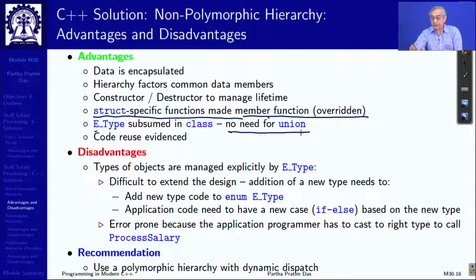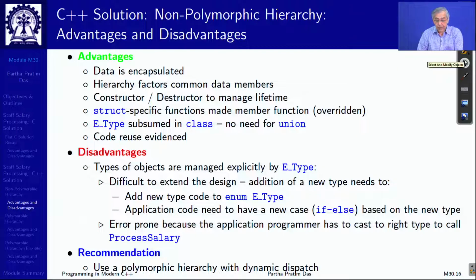So, the amount of code reuse has substantially increased, it is directly evidenced. But it still continues with the disadvantage: the type of the object is still explicitly managed by E-type, right. I am putting an E-type.